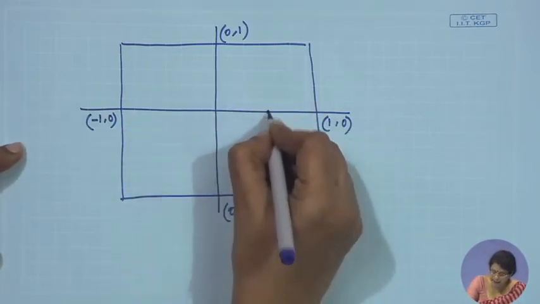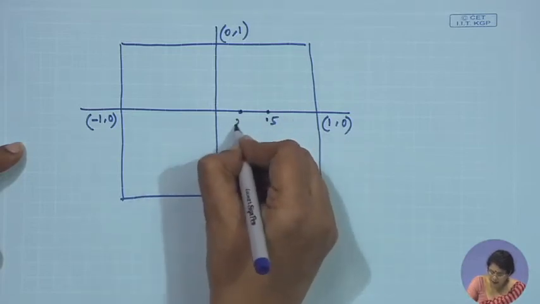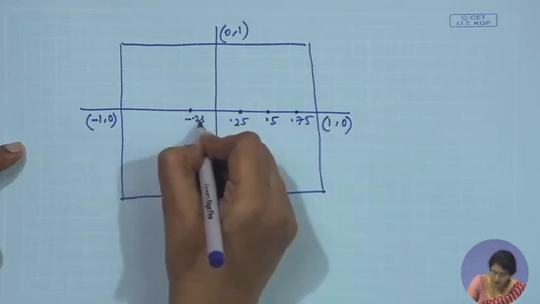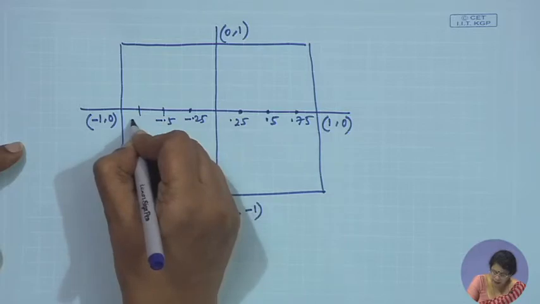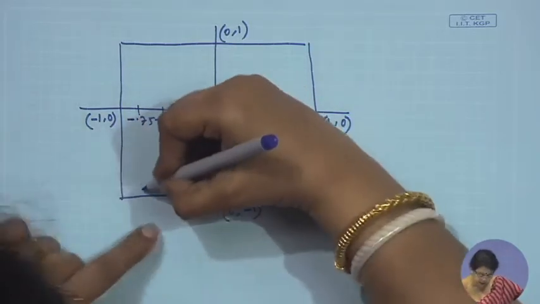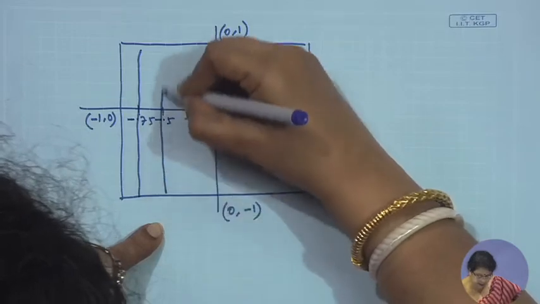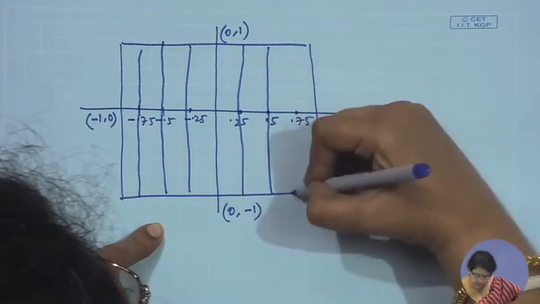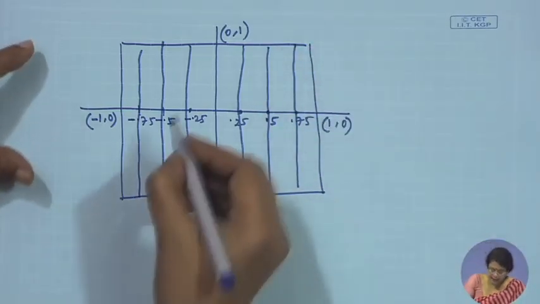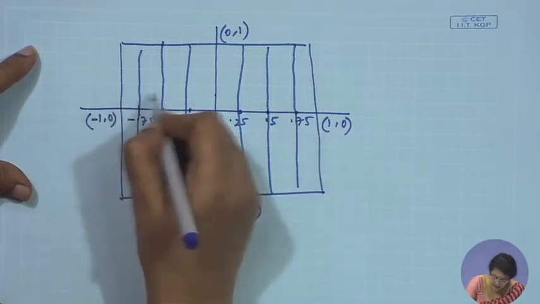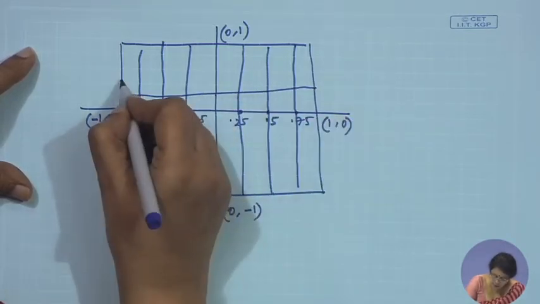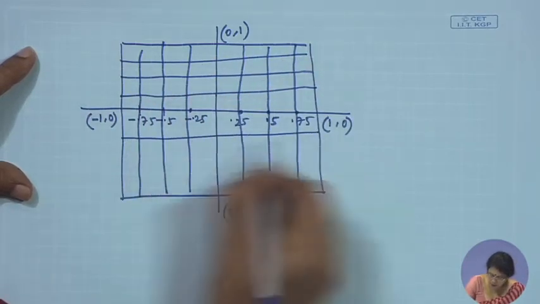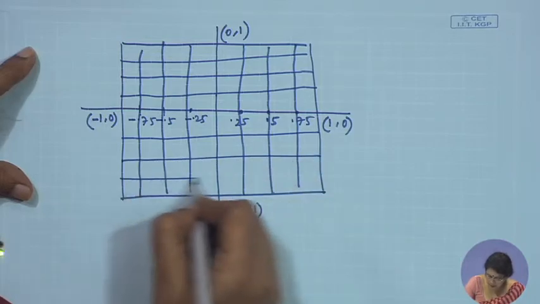Let me consider taking grid points like this: 0.25, 0.5, 0.75, and -0.25, -0.5, -0.75. Similarly, I can take the grid points along the y axis in the same way: plus and minus 0.25, 0.5, 0.75.